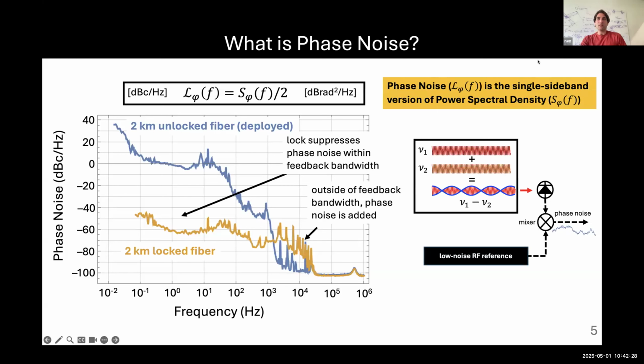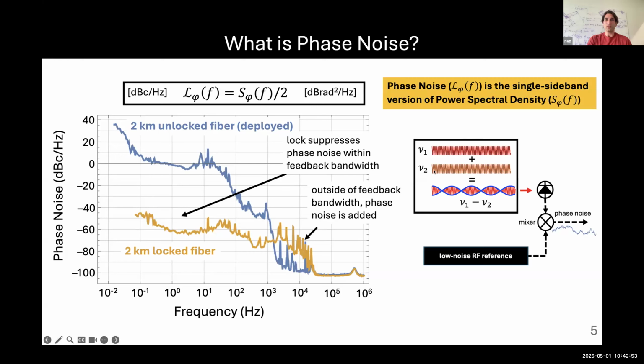And just if you're wondering where this plot comes from, how are we generating this data? Essentially, we want to know the optical phase noise of an optical signal, right? And to extract that, we have to interfere it with another laser.